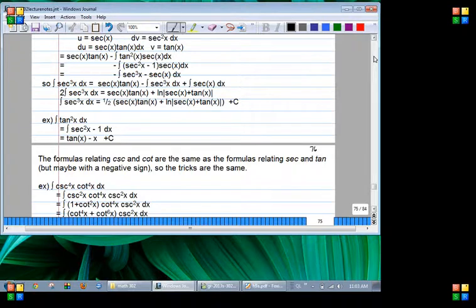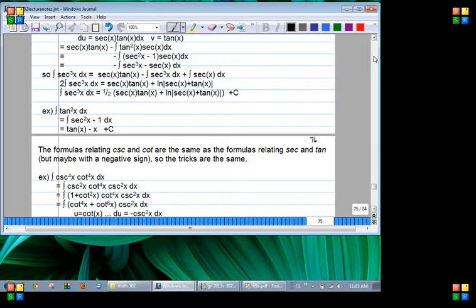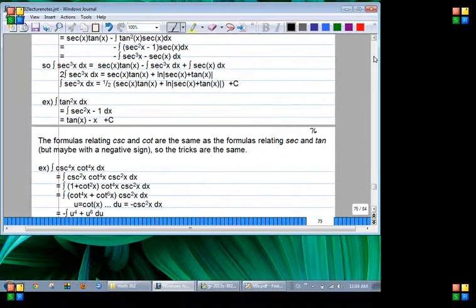And now, what's your u? What's your du? U is cotangent x, and you have to remember what the derivative of that is: negative cosecant squared x. All the formulas are almost the same, you just have to remember where those negatives are. So I'm going to take that negative in the du and stick it in front as a constant.